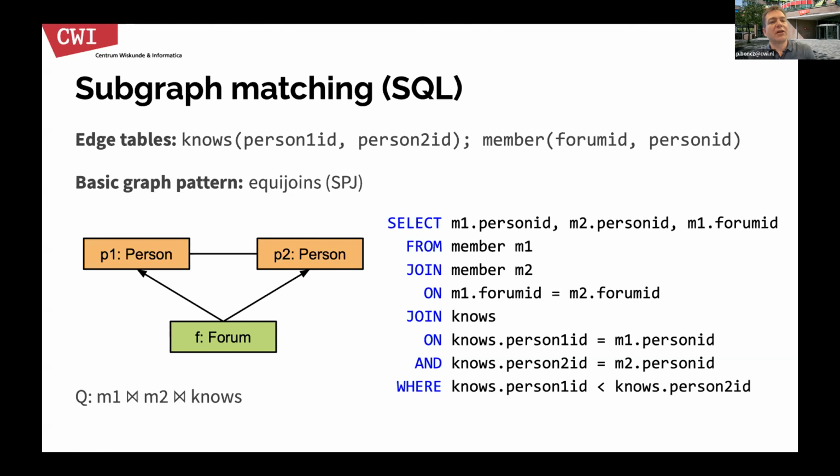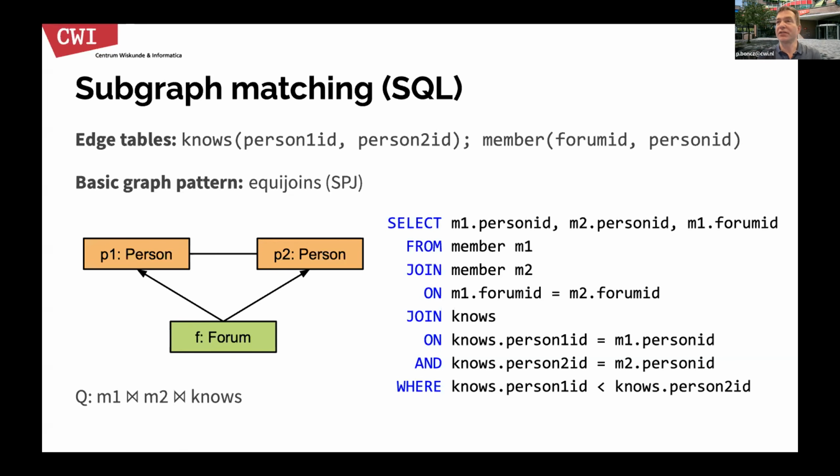Okay, so if we ask ourselves, can we also do this in SQL? Because I told you I would be comparing and contrasting with relational database systems. Well, you can. You could store a graph, of course, as tables, as a table of vertices and a table of edges. And here you would have two edge tables, namely one for the knows relationship and one for the member relationship.